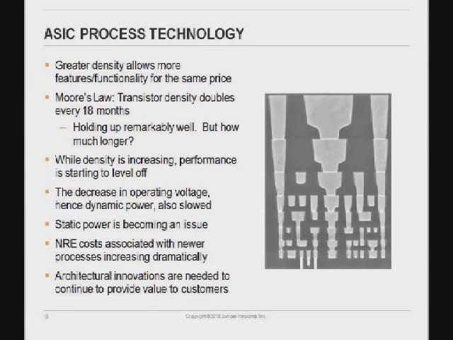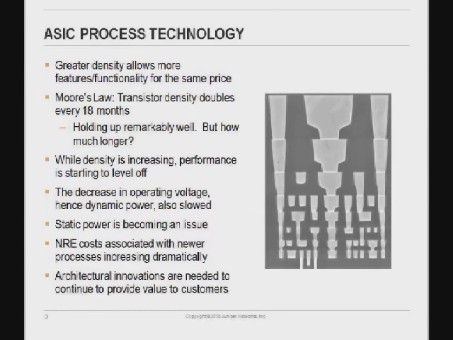But like 5 or 10 years ago, the scaling of this semiconductor process technology gave you advantages not only in density, but in power, in performance, in everything. But this has changed in the last 5 years or so. In silicon process technology, the density is increasing, but the performance is starting to level off.